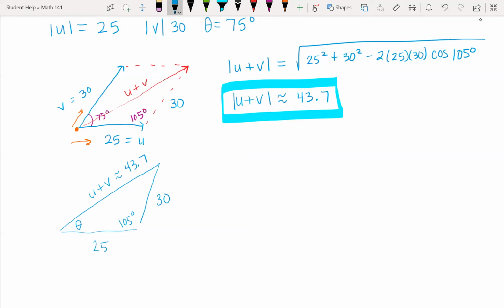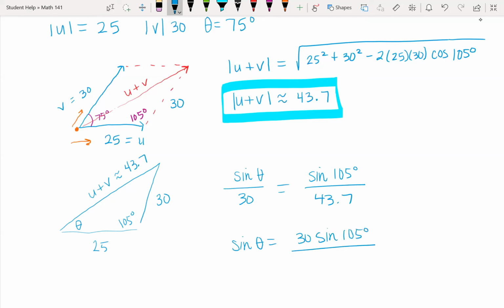We can say that the sine of theta over 30, the side that's across from it, is equal to the sine of 105 degrees over 43.7, or sine theta equals 30 sine 105 over 43.7.